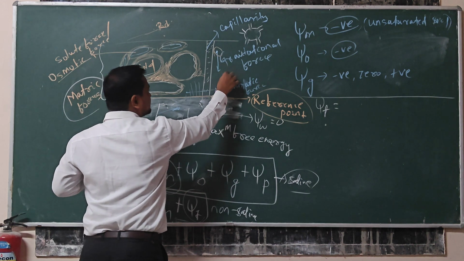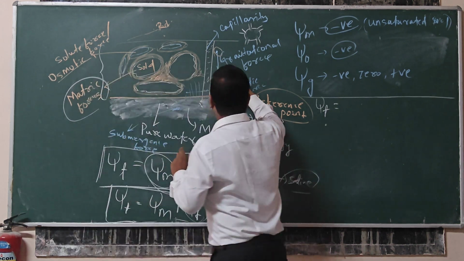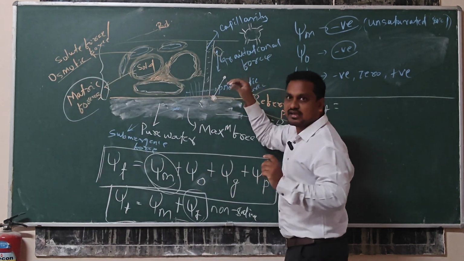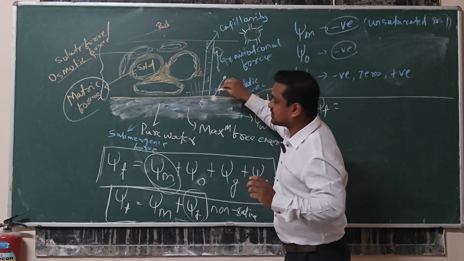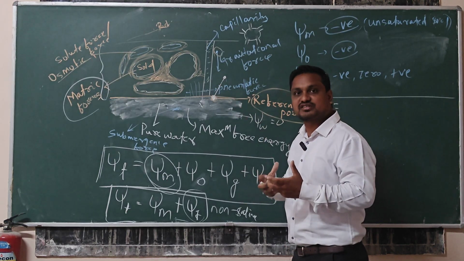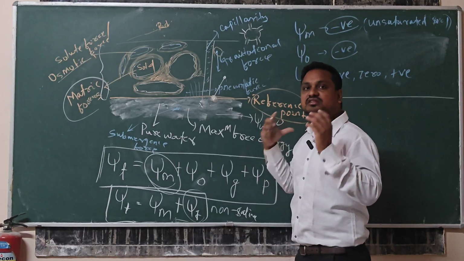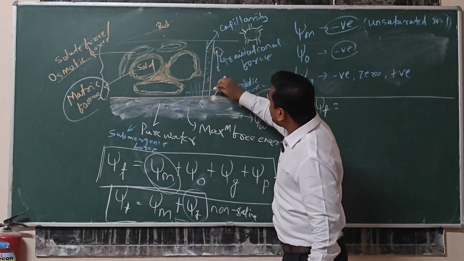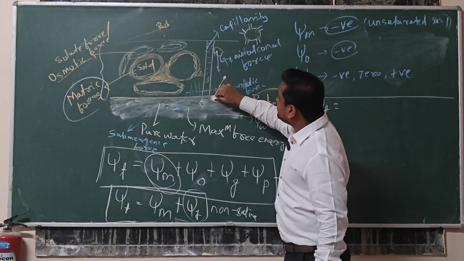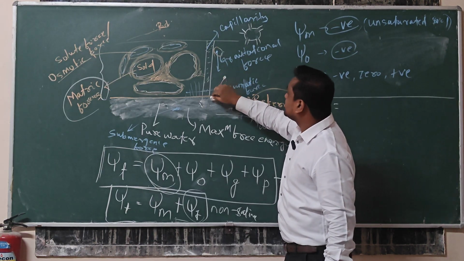This energy difference, I would like to take the water to this point. And always remember we take pure water, because there will be no forces acting on it. The free energy, the maximum free energy, is available. So we are taking simply pure water from this reference point to this point. Remember this.